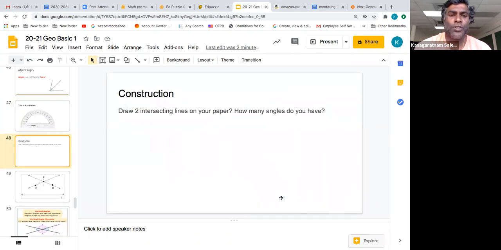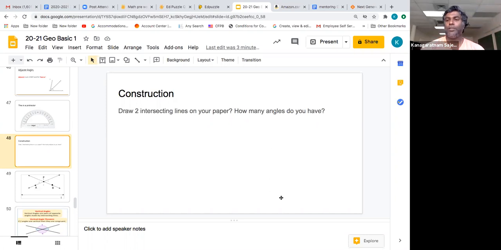So a little construction over here, if you want to do it, or if you can't do it, please take a paper and try to do it. Draw two intersecting lines on your paper and see how many angles you have if two lines intersect. You know what a line is.